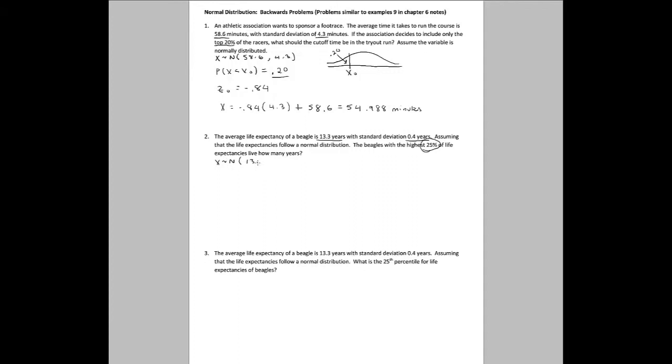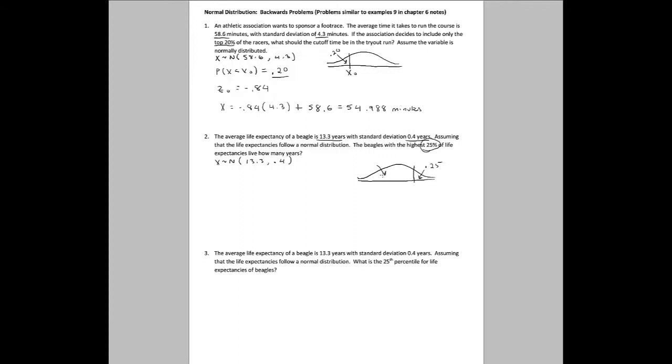This time the mean is 13.3 years with standard deviation 0.4 years. So drawing our normal curve, the beagles with the highest 25% of life expectancies are going to be over on the right because more years is going to be to the right, so we have 0.25.